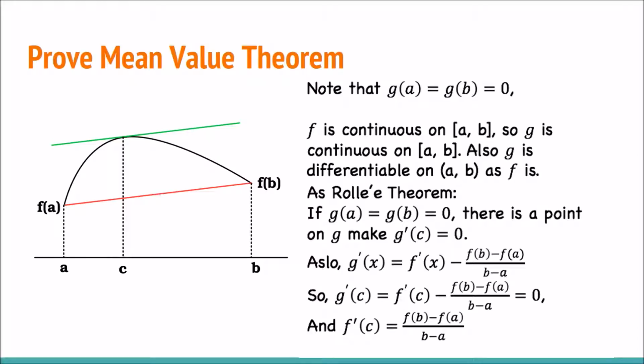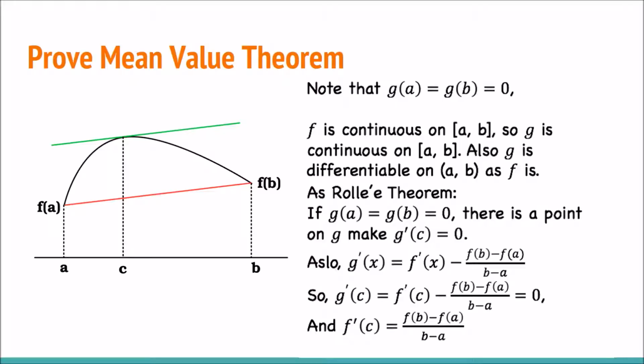Also, g prime of x equals f prime of x minus f of b minus f of a divided by b minus a, so g prime of c equals f prime of c minus f of b minus f of a divided by b minus a, which equals 0. And finally, we get f prime of c equaling f of b minus f of a divided by b minus a.